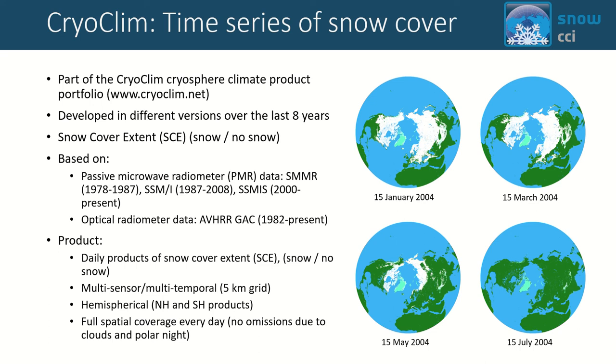So here we developed a binary product providing a snow cover at the 5 kilometer grid resolution for the southern hemisphere. One important characteristic with this product is that it has full spatial coverage each day with no omissions due to clouds and polar night.